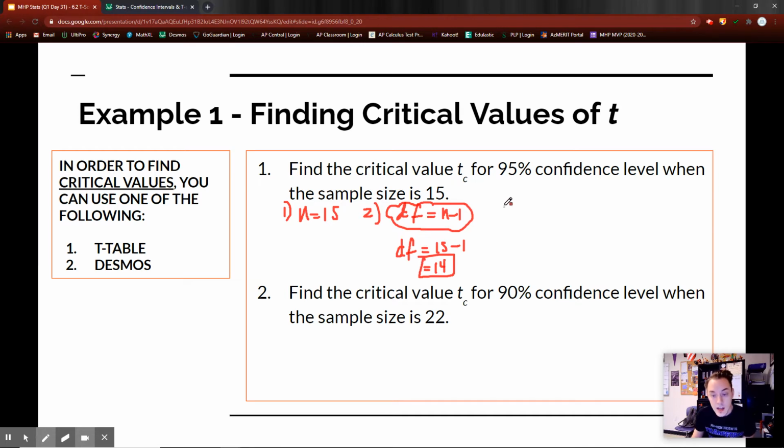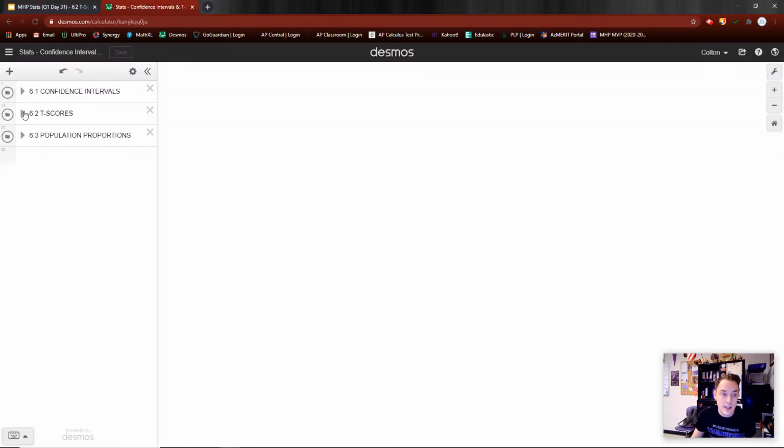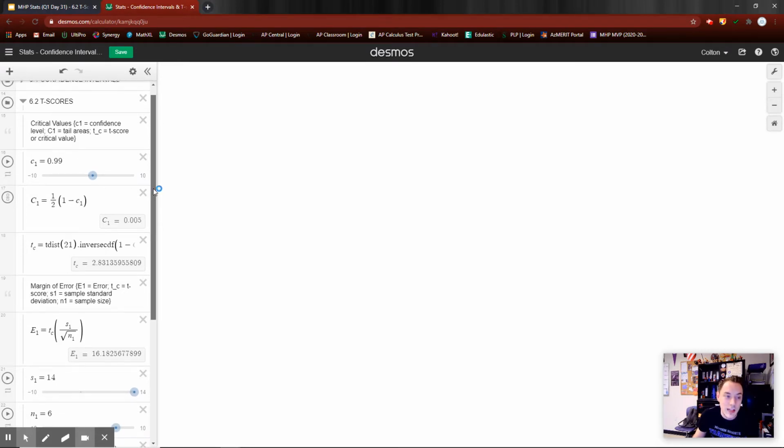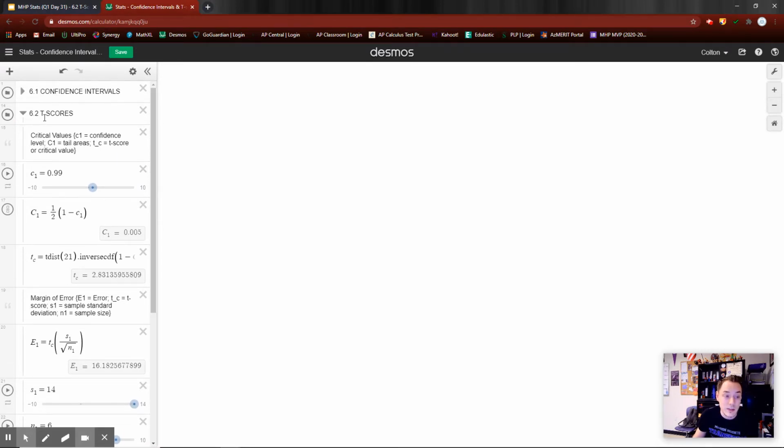It's not my answer, but I'm going to use this number to find my t sub c, or my critical value, of specifically t sub 0.95. What is that value? Let's go to Desmos real quick to find out. This is our Desmos calculator. I'm going to scroll down. Notice I'm at 6.2 t-scores.